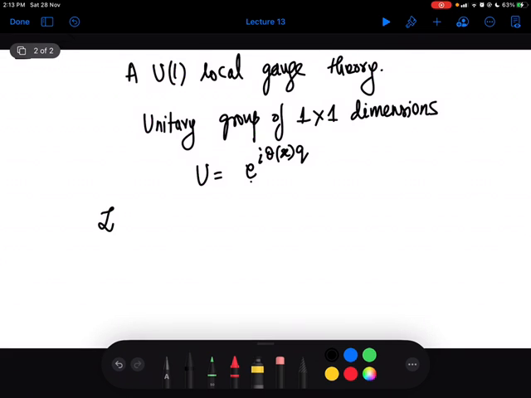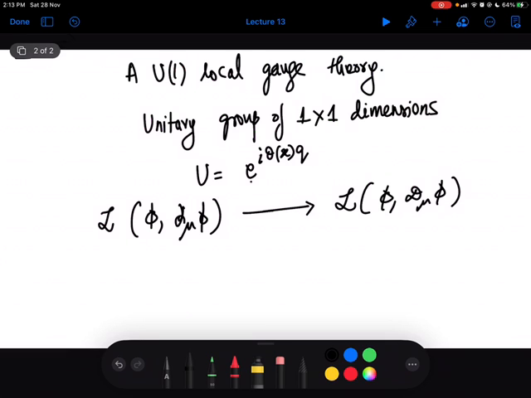We were considering scalar field theory, so let's continue with scalar field theory. So L is a function of phi and del mu phi. Now this L is converted because we want to demand that it should be invariant under U. This just becomes a function of phi and capital D mu phi. So wherever there is a derivative term, I replace it with capital D, the covariant derivative, and it turns out that the Lagrangian is invariant. And then you also need to add an additional term.